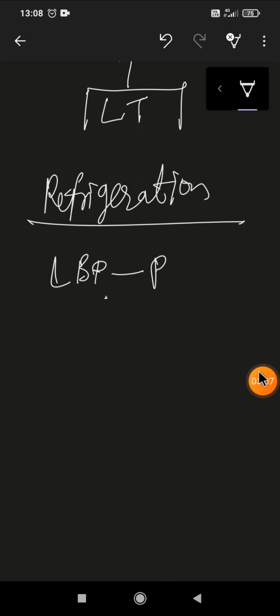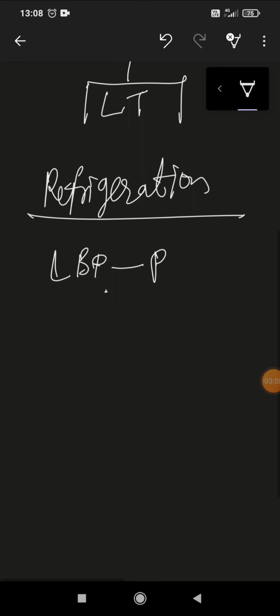Now let's discuss the working of a heat pump. Initially the refrigerant is cold and at a low temperature. Let me draw. There are four components of the refrigeration cycle. First is the compressor, then the expansion valve.